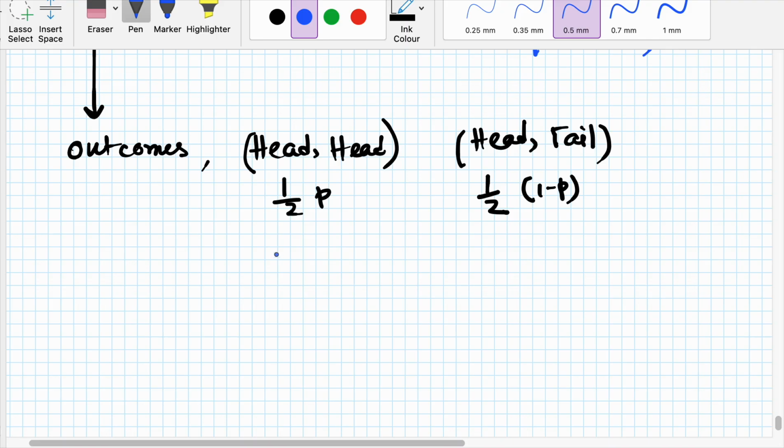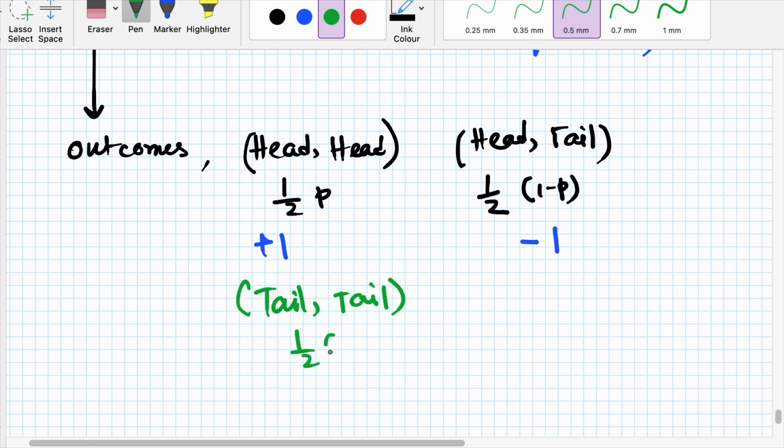In this situation player 1 will get +1, and in this situation has to give -1. Similarly tail, tail occurs with probability half into 1 minus p, and tail, head occurs with probability half into p.